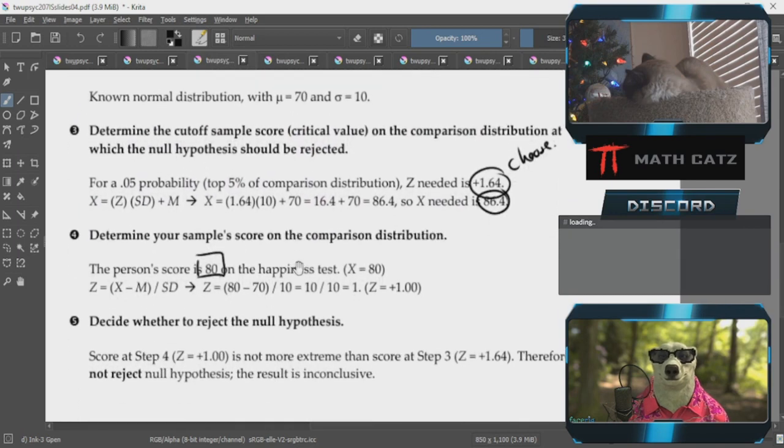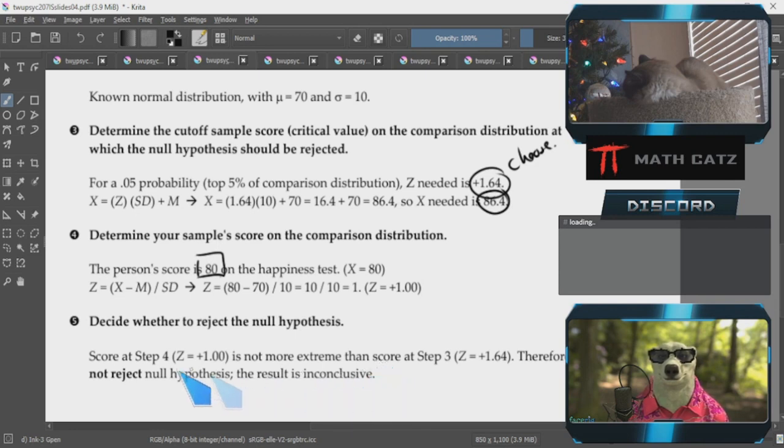So let's sum that up. So our score, whether I do z-scores or the x scores, I can say that it's not more extreme. It's actually quite common to get that score. So there isn't sufficient evidence, or isn't strong enough evidence, to suggest that the $10 million has an effect on the happiness score.